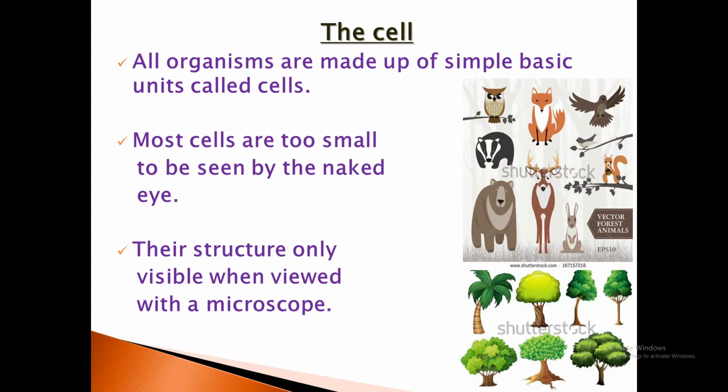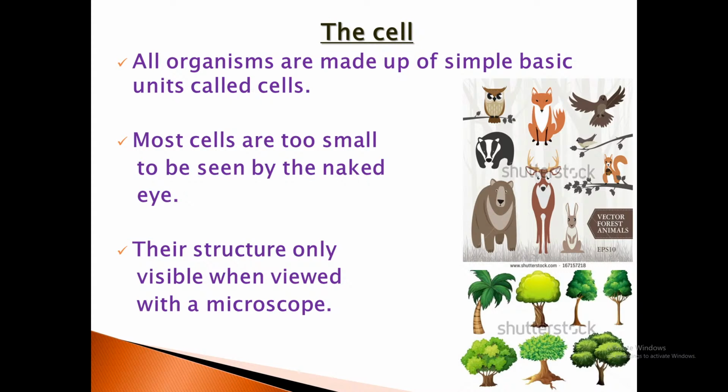Now all human beings started out as one cell. At first, in terms of our creation, we were just one single cell, but as time goes by, that single cell just keeps on multiplying by two.